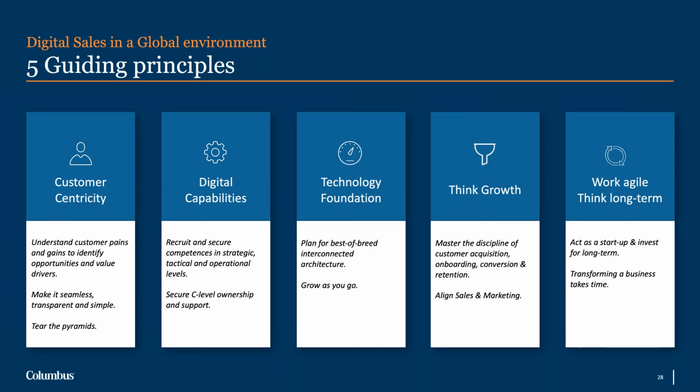The ability to adapt, confidence of change, organization to be flexible. Try to move to a more flexible strategy and a flexible organization, be innovative, but be able to pivot quickly. The mentality here is test, fail, and learn. And as we have the goal of growing, also secure digital capabilities, recruit and secure competences at strategic, tactical, and operational levels.